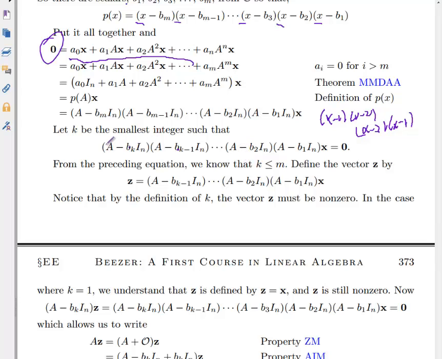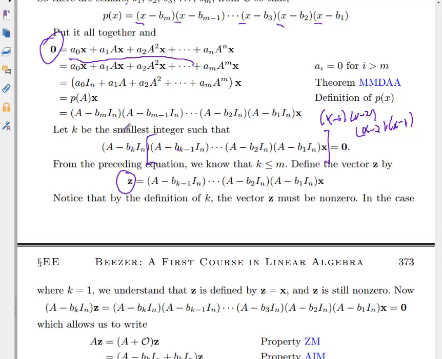Now notice what we have here. We have A minus b_k I times, I can consider this as a vector. So I have A minus b_k I times some vector, and we're going to define that vector as z. Now, it's possible that z is 0.